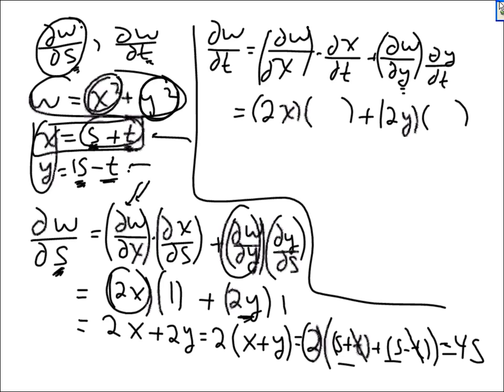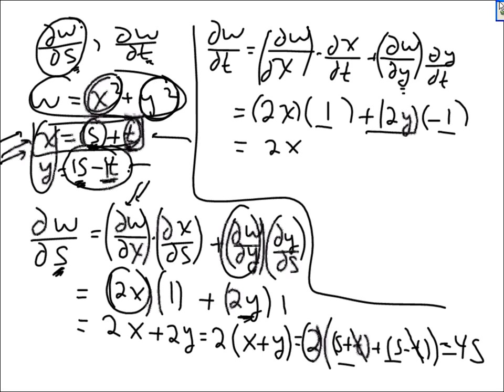dx dt: I look at x and I take the partial with respect to t. S is a constant, its derivative is 0. T is not, its derivative is 1. dy dt: the derivative of negative t, negative 1t if you prefer, is negative 1. 2x times 1 is 2x.